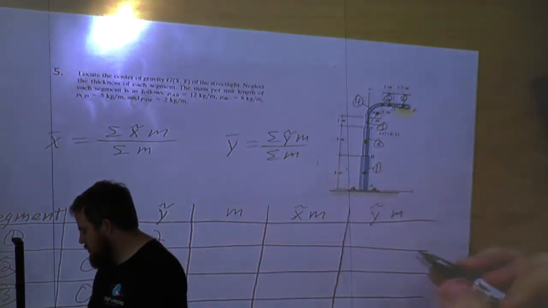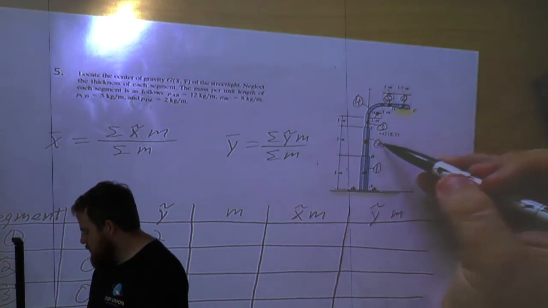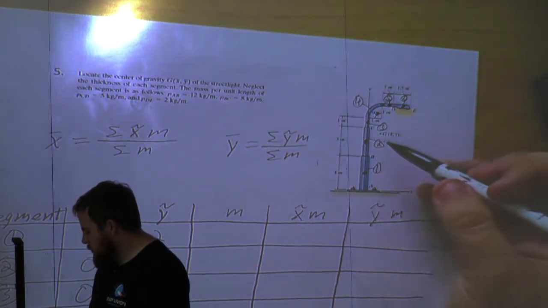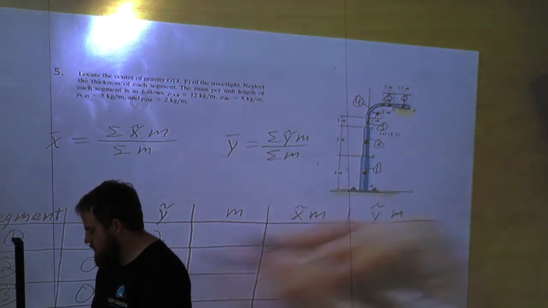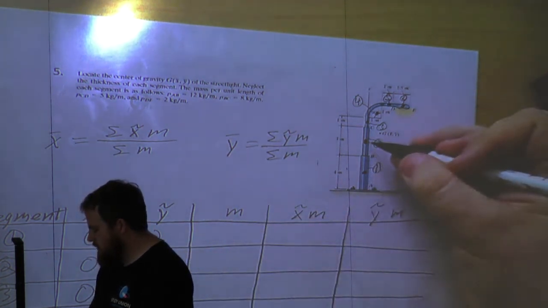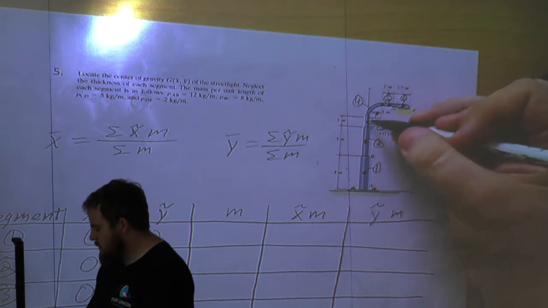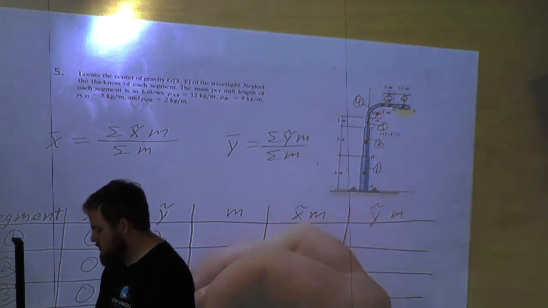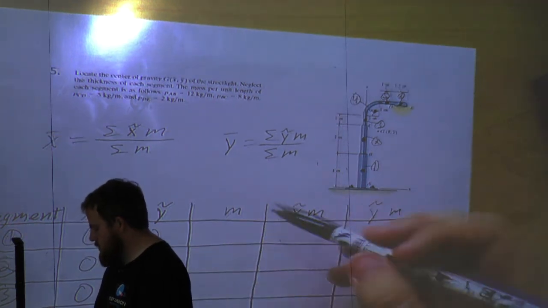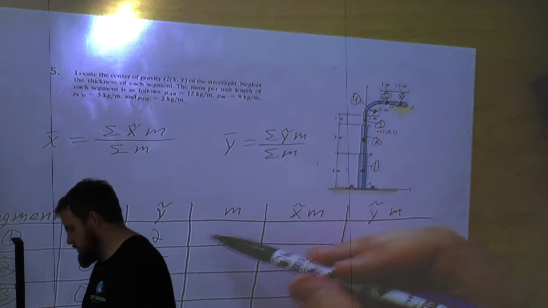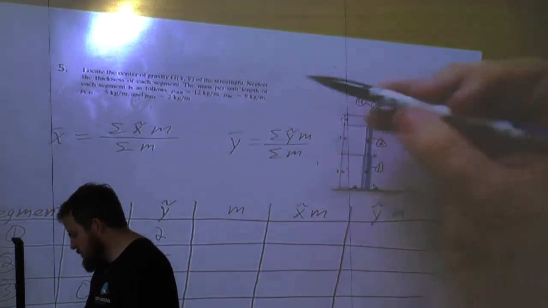It's halfway. Now for 2, what should it be? Yeah, 5.5. So that's going to be this 4 plus this 1.5. For 3, this is going to be 0.5 plus 7, so 7.5.